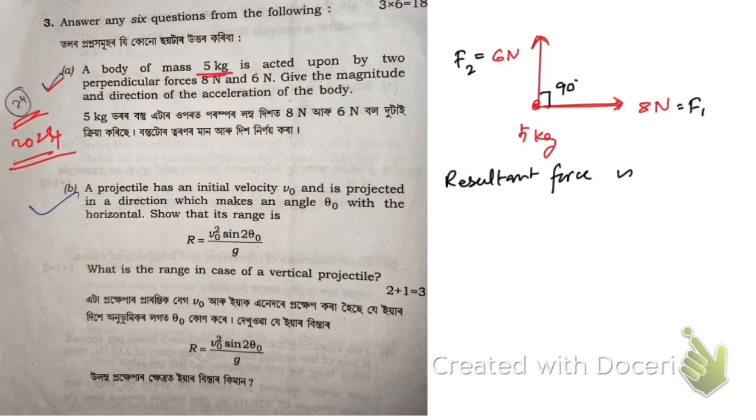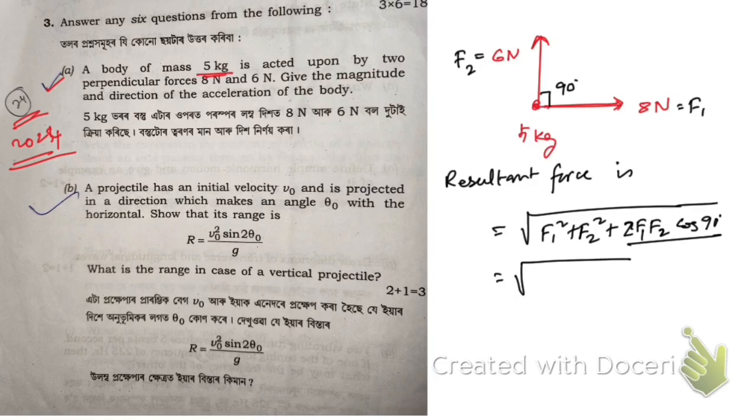we know how to find the resultant of two vectors. That's equal to root over F1 square plus F2 square plus 2 F1 F2 cos 90 degrees, and cos 90 is 0, so we have F1 square plus F2 square, that means 8 square plus 6 square, equal to 64 plus 36, which is root over 100, that means 10 Newton.